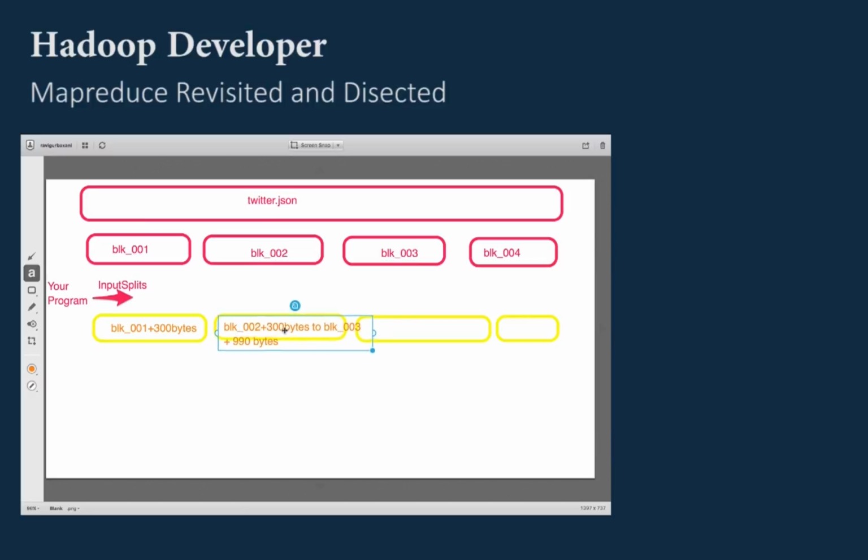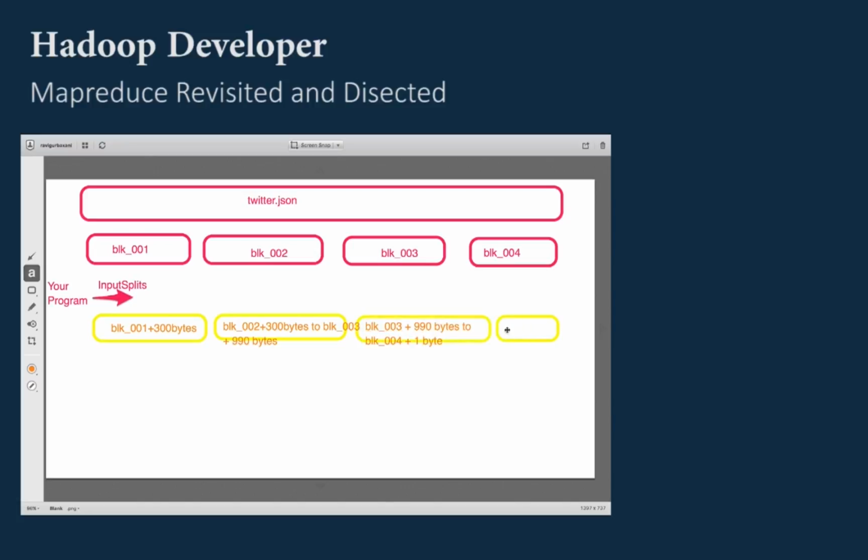So this BLK 002 is actually overlapping. The third one starts from BLK 003 plus 990 bytes to BLK 004 plus 1 byte. That's like overlapping.